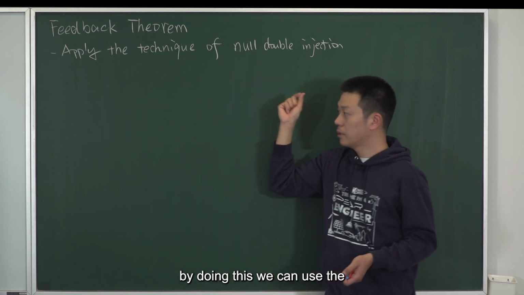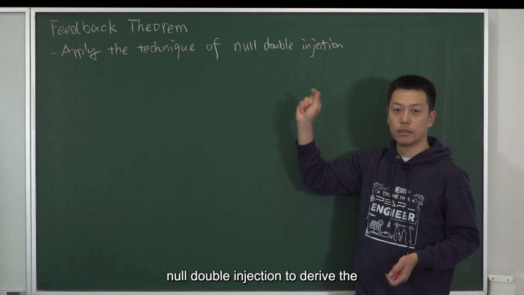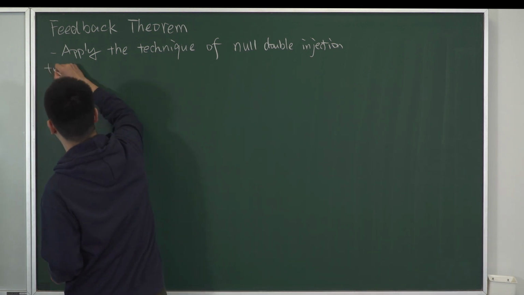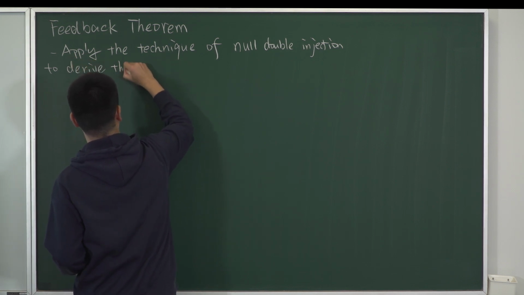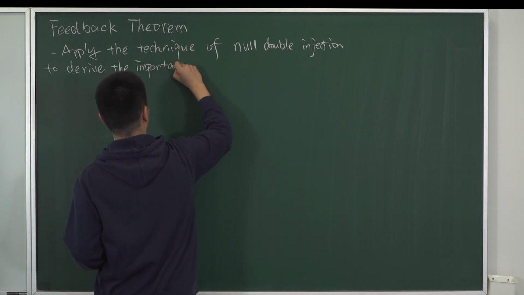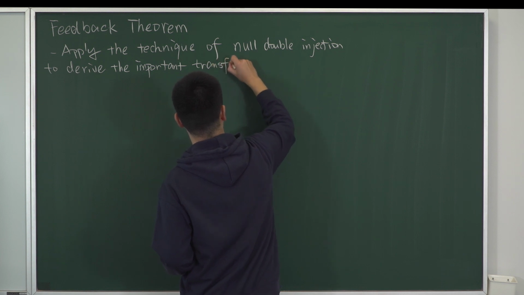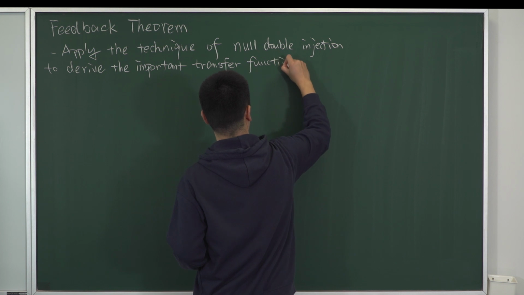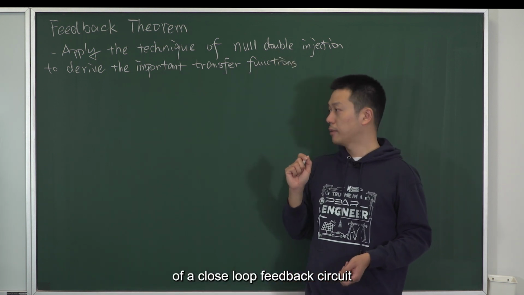By doing this, we can use the null double injection to derive the important transfer functions of a closed loop feedback circuit.